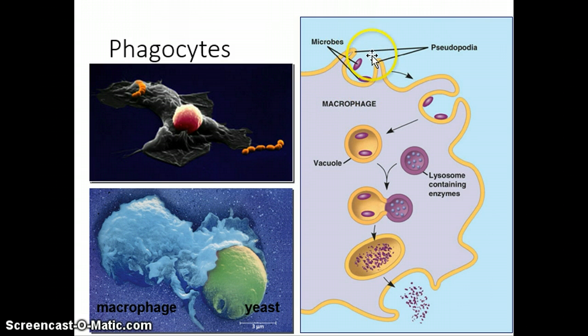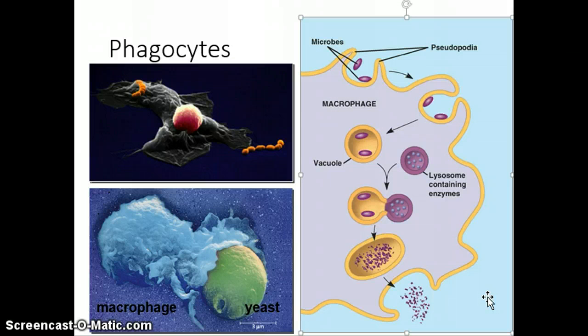So we have endocytosis occurring here, and a vacuole is formed around the pathogen or the microbe. In this case, it means it's a living pathogen. And then we see the fusing of a lysosome with enzymes, which will then be used to tear apart and break up the microbes, and then they're released back out.